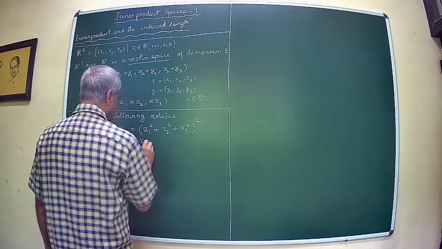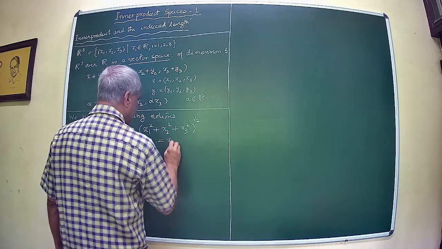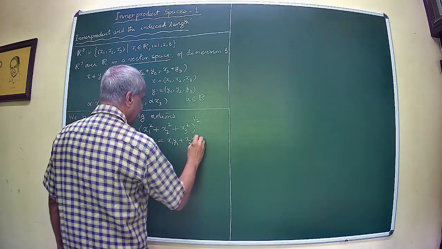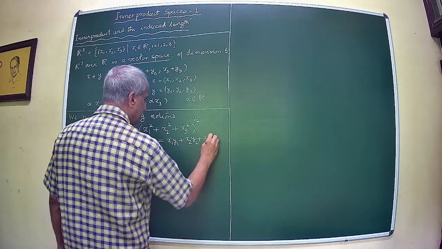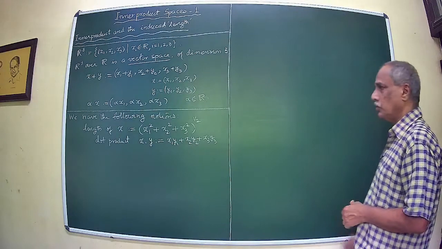X dot y is defined by... which is related to the angle between the two vectors.